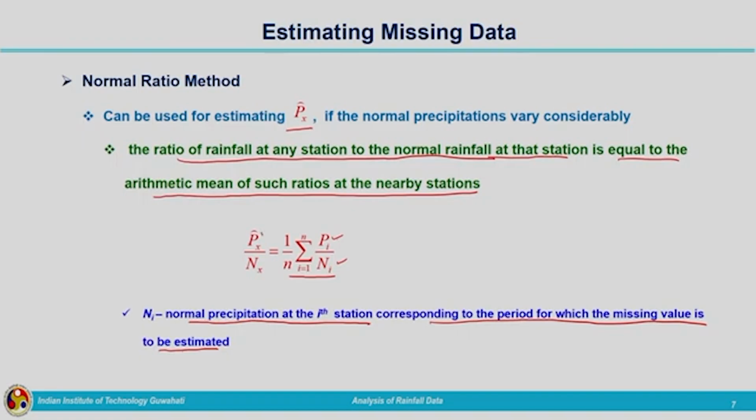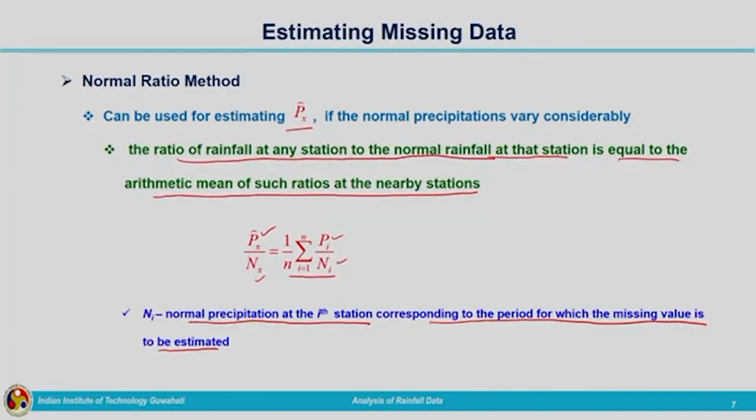Px cap is the one which we need to determine, Nx is the normal rainfall from that particular station X, and that is equated to the average of the ratios we will be calculating for different neighboring stations with the rainfall data and the normal rainfall.